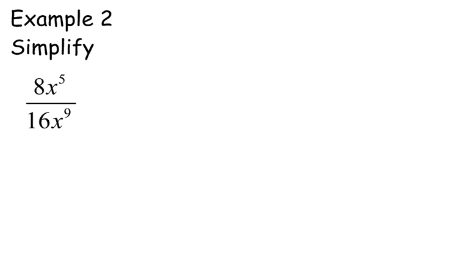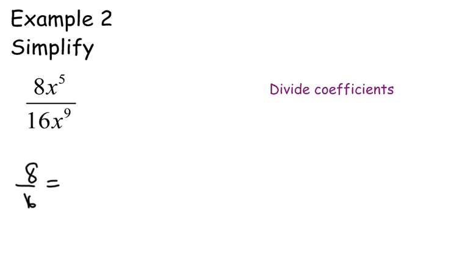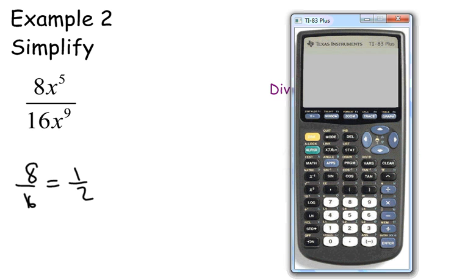Let's try another one. Here we have to simplify, so we know that we have to begin by dividing the coefficients. So 8 divided by 16, that's going to be equal to a half, right? Let me show you, if you don't know how to simplify fractions.